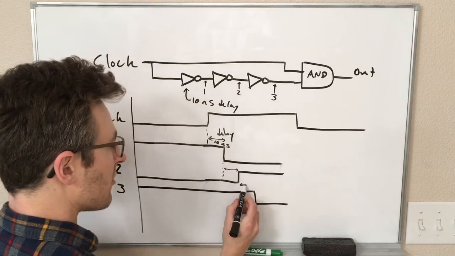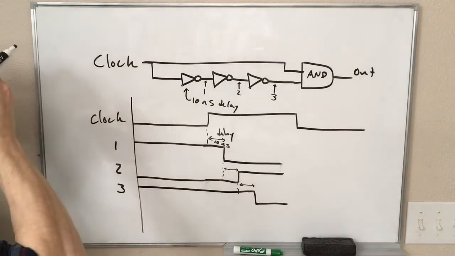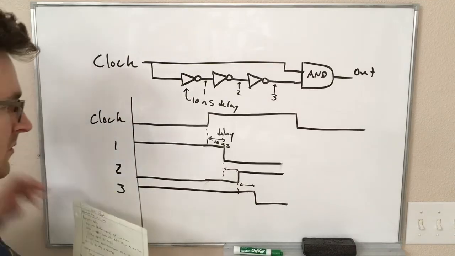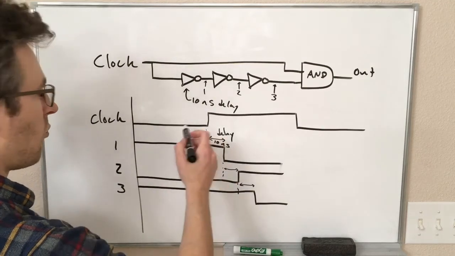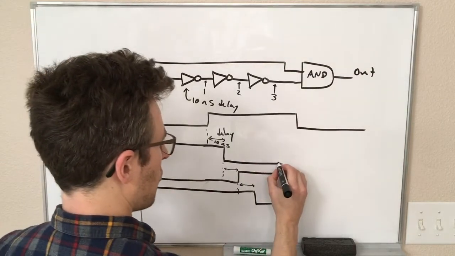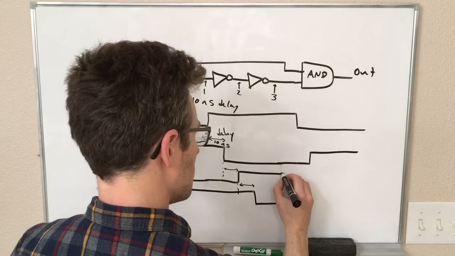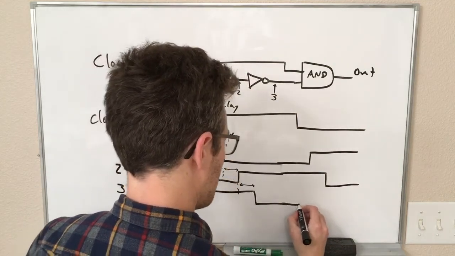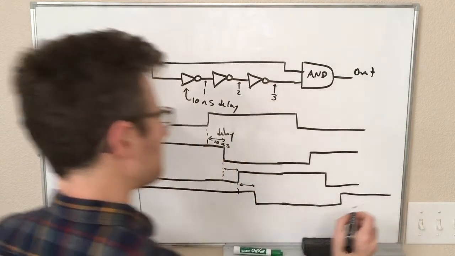It turns off after that 10 nanosecond delay. When this then turns off, 1 turns on slightly after that, 2 turns off slightly after that, and 3 turns on slightly after that. Okay.